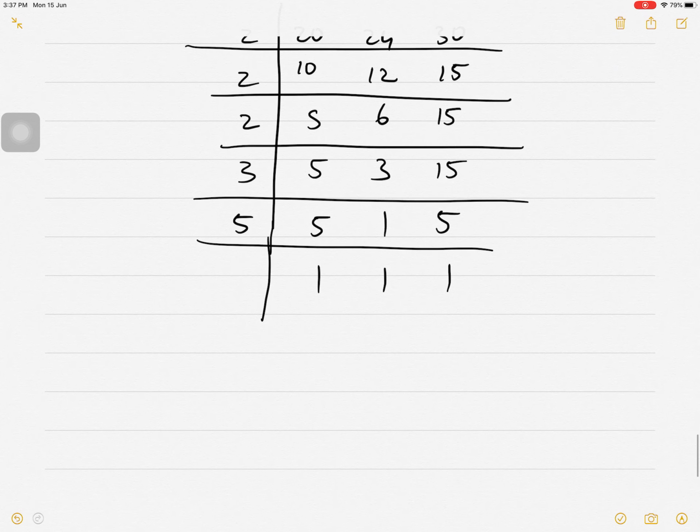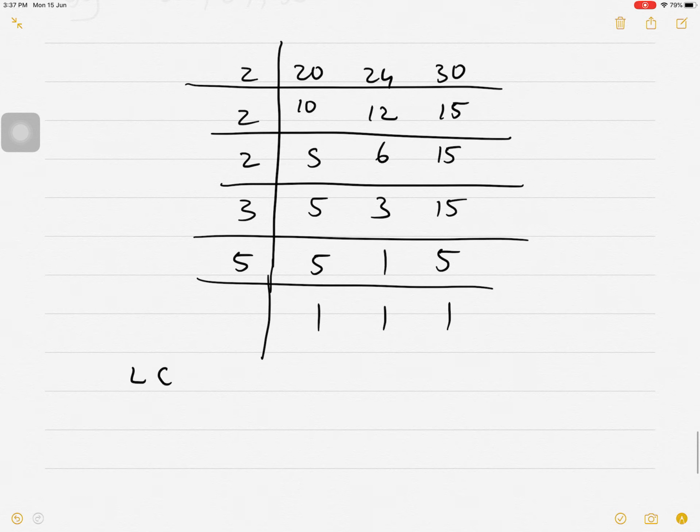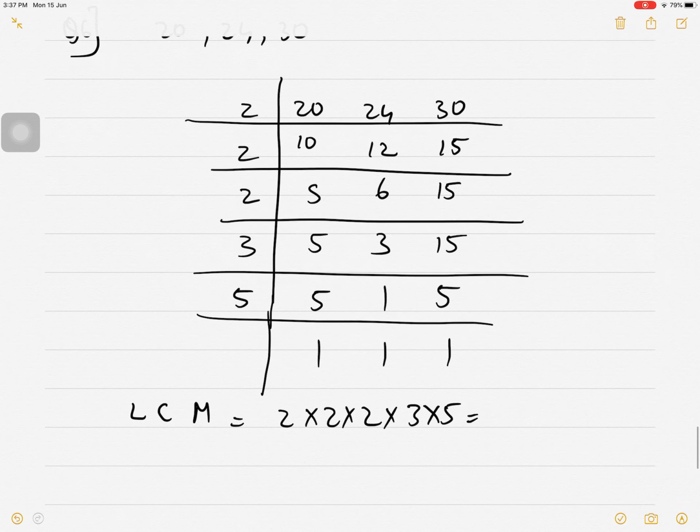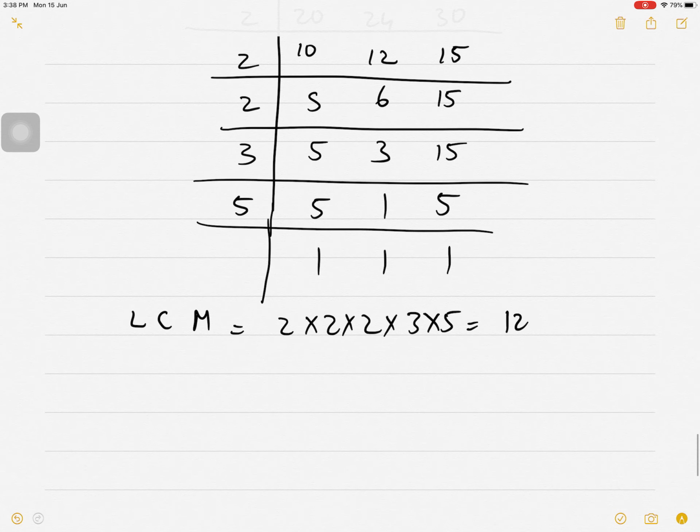So now the LCM is 2 into 2 into 2 into 3 into 5. So when you calculate this, it comes to 120.